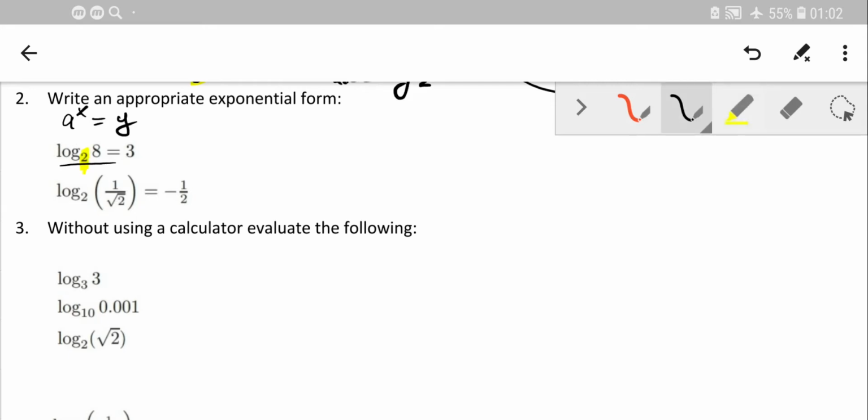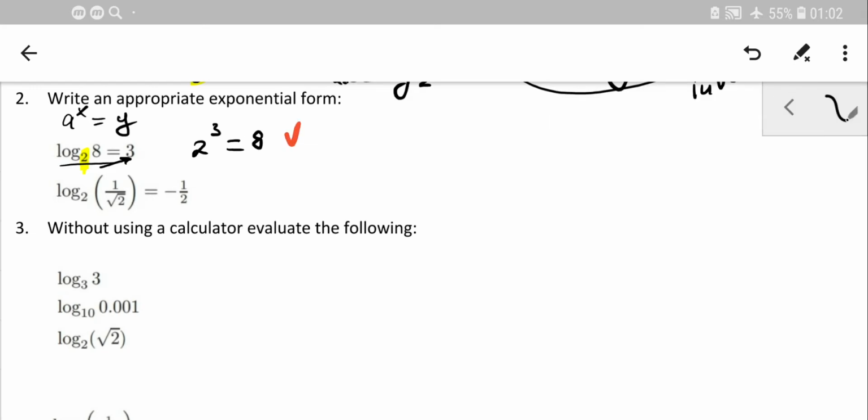So you get 2 raised to the power of 3, and then you get the number inside the log. So now check it: 2 times 2 times 2 is obviously 8, so that's done. You see that this way, when from a log statement we need to come back to exponent form, we waste much less time.